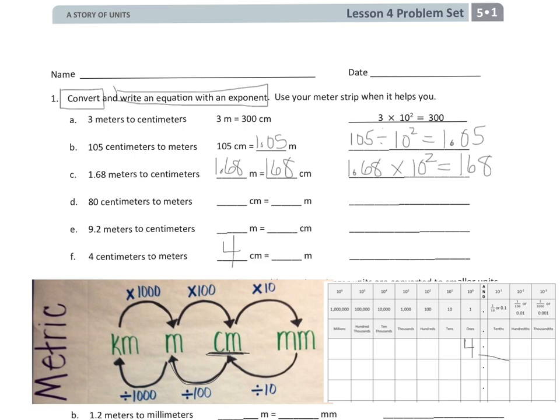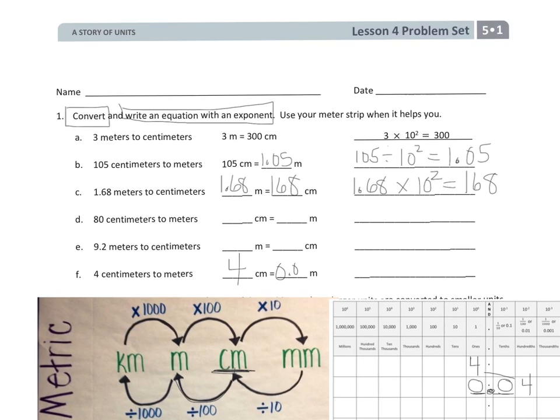So that 4 ones is now 4 hundredths. And we don't have any other numbers to move, but we need to fill in the tenths and the ones. And hopefully you remember that those numbers we're going to fill is a 0. And we need a decimal point in between the 2 zeros. So meters, we've got 4, 0, and 4 hundredths.